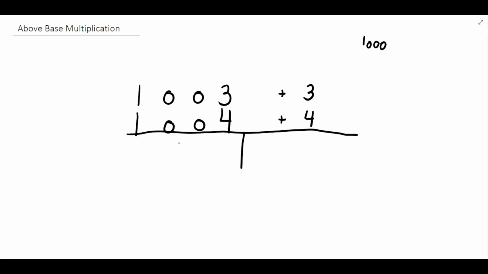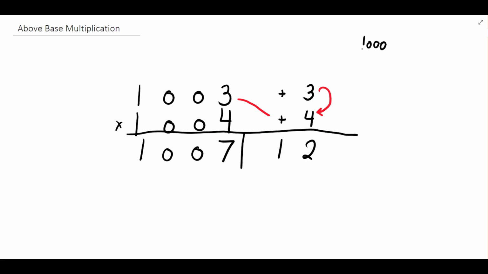Now you split. So the left part of the answer would be 1003 plus 4, or you could do 1004 plus 3, whichever works. So that would give us 1007. Now we have the left part. Now for the right part, you do 3 into 4, and we get 12.